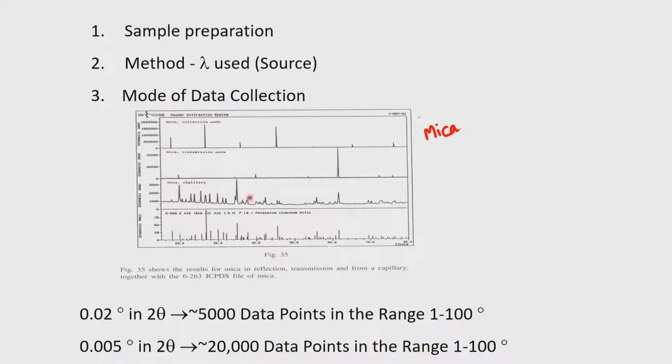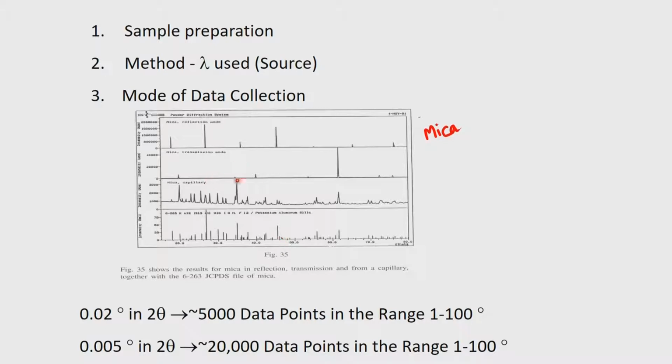Those HKL positions are shown as lines here, and this is therefore the simulated XRD pattern, which is available in the database. You see there is a one-to-one correspondence between this and that, showing that all the peaks coming in the case of the capillary are not impurity peaks. They are all coming due to peaks which are in the structure of mica.